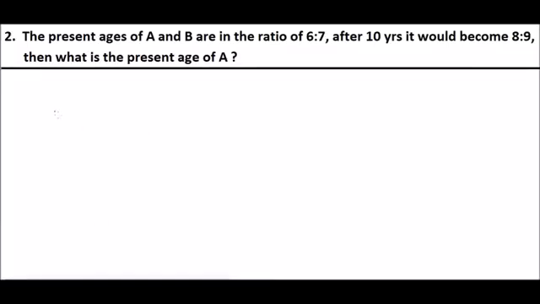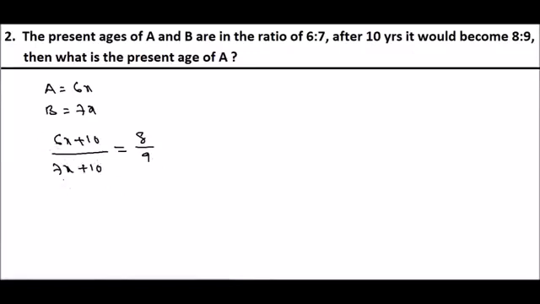What's the conventional way? Present ages of A and B are in the ratio 6:7. So I'm taking A's age as 6x, B's age as 7x. Now after 10 years, it is (6x plus 10) divided by (7x plus 10). It will become 8:9.